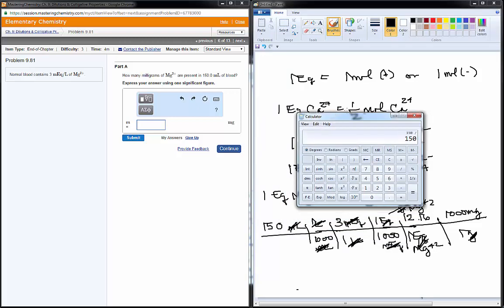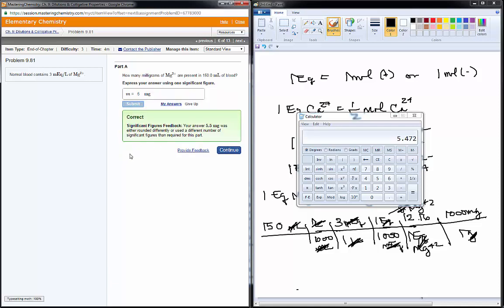So 150 milliliters divided by 1,000 milliliters in a liter gives me 0.15 liters. Multiply that by 3 milliequivalents in a liter, and I have 0.45 milliequivalents. Divide that by 1,000, that gives me 0.00045 equivalents, which at 12.16 grams per equivalent gives me 0.0055 grams. Multiply that by 1,000 milligrams in a gram, and I get 5.5, or 5.47 milligrams.